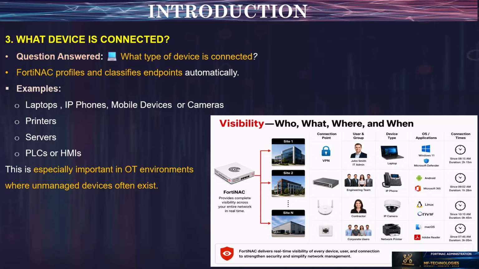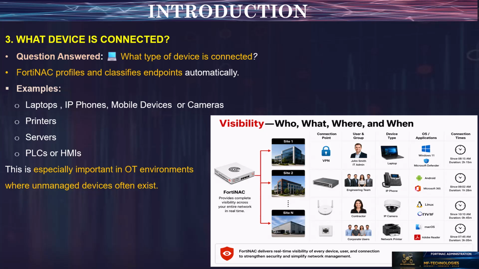Fortinet automatically profiles devices using multiple fingerprinting techniques. It examines network behavior, communication patterns, protocols, manufacturer information, DHCP fingerprints, and many other characteristics. Based on this information, it determines exactly what type of endpoint has connected.